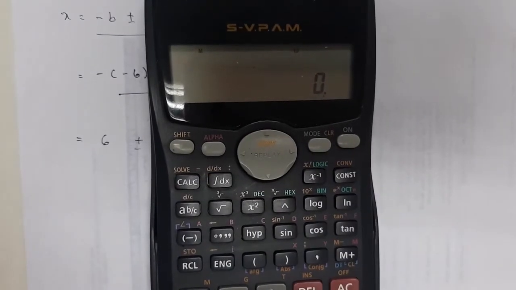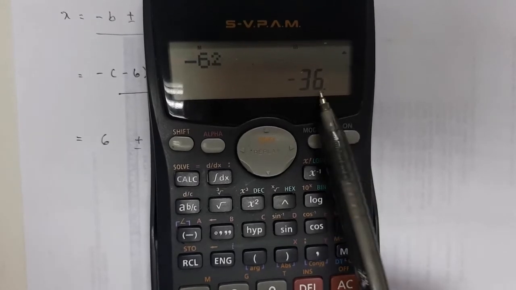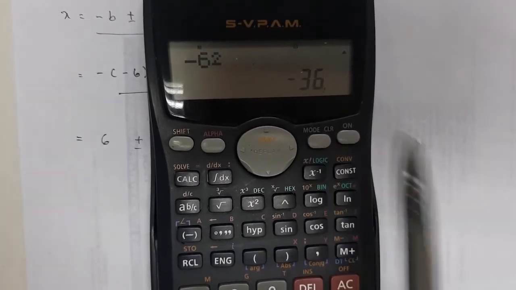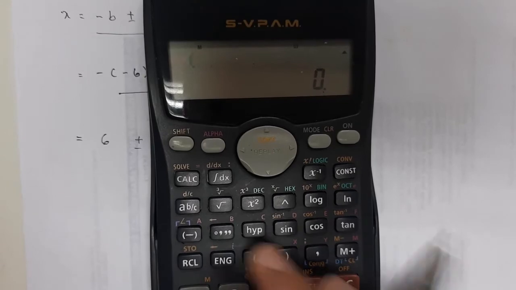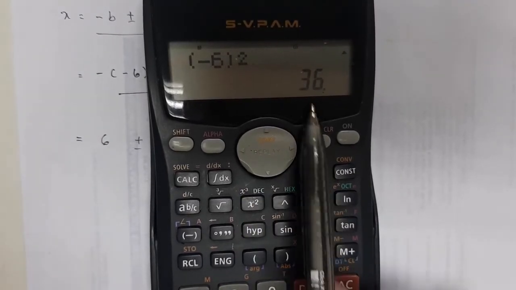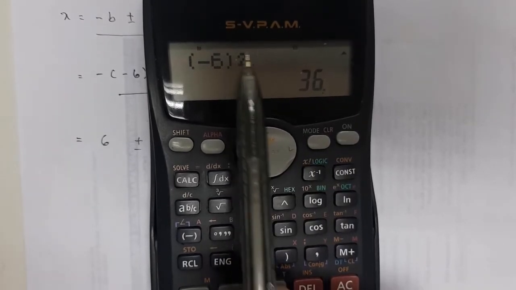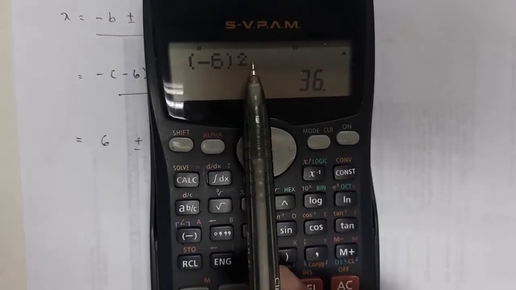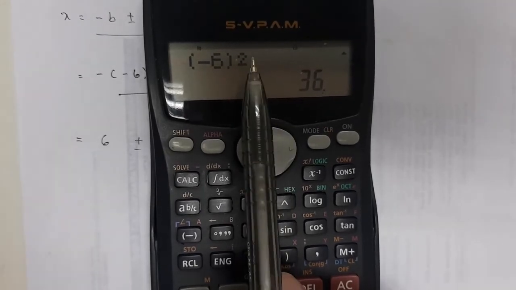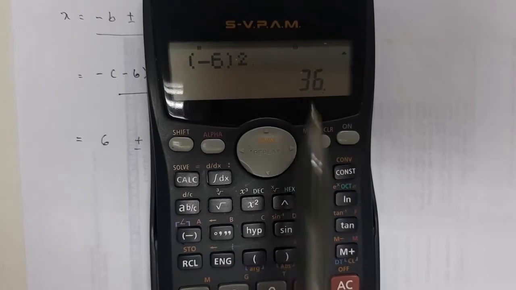Okay, kalau awak tekan kalkulator negatif 6 kuasa 2, kalkulator akan bagi awak nilai yang negatif, which is wrong. Okay, how to do this? Put in bracket negative 6 square. Okay, you get 36. Okay, you must always remember, kalau kuasa nombor genap, contohnya kuasa 2, kuasa 4, kuasa 6, kuasa 8 dan seterusnya, jawapan awak mesti positif.